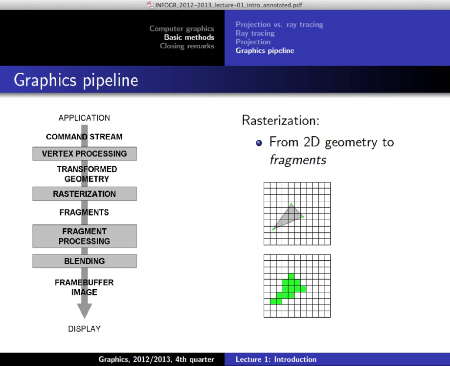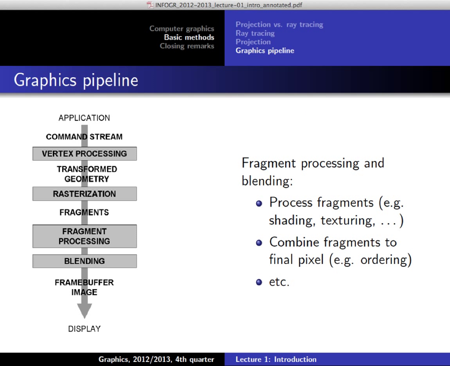So for example, if we have a transparent triangle and another triangle behind it, then of course both contribute to the final color that we have in the pixel. And this is why the projection of them is not called the pixel, but it's called the fragment. The pixel that we draw then is the combination of these 2 fragments, which leads to the next step, the fragment processing and blending.